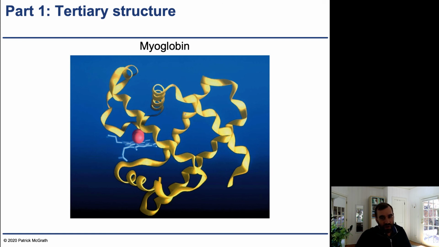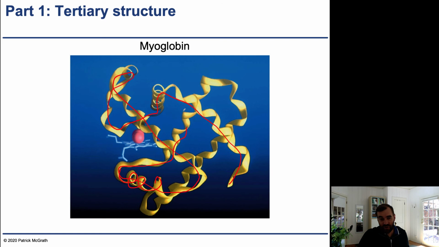So the tertiary structure of this is given by the exact shape of the protein itself. This is called a ribbon structure, and the ribbon structure just shows the backbone of the protein. You can see whenever it forms a helix, it looks like something that's wrapping around. So this myoglobin has all sorts of alpha helices.